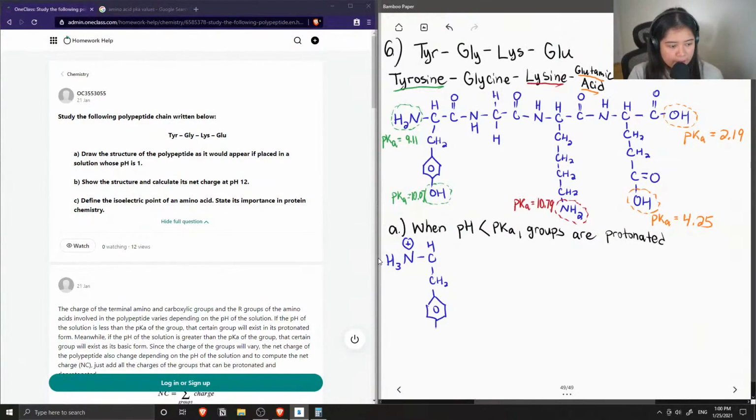In the case of our alcohol group, this just means that it has the hydrogen on, so I'm not going to add an extra hydrogen onto there. And then we'll continue on with the rest of our chain. Glycine was the easiest one. It just has the hydrogen there. And then on to the next amino acid. I'm going to draw this as a line structure to make it easier. And now this amino group is protonated.